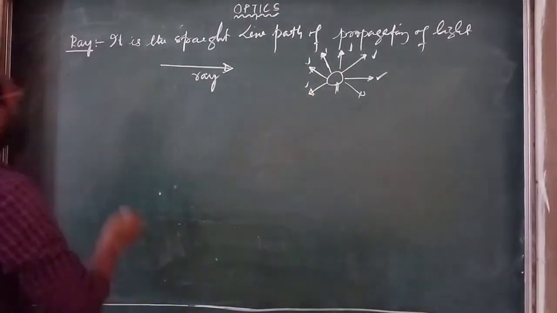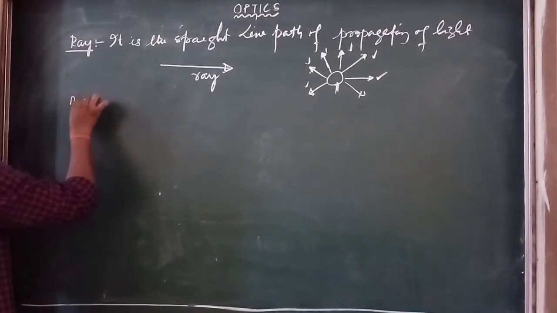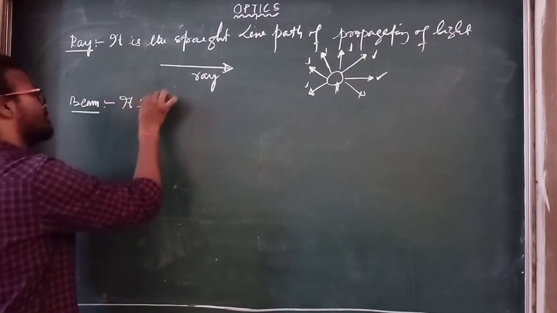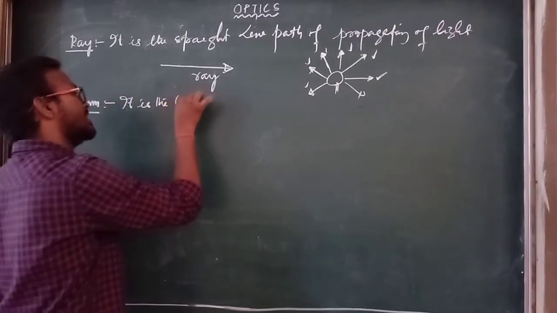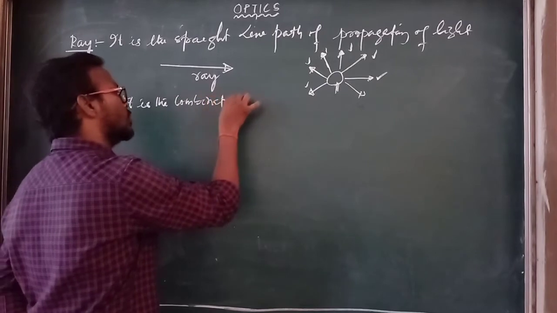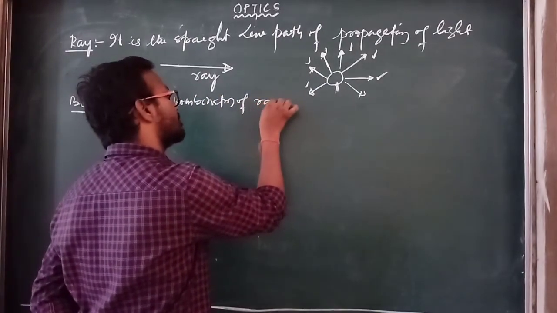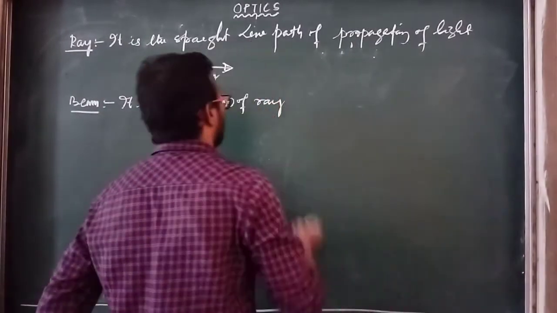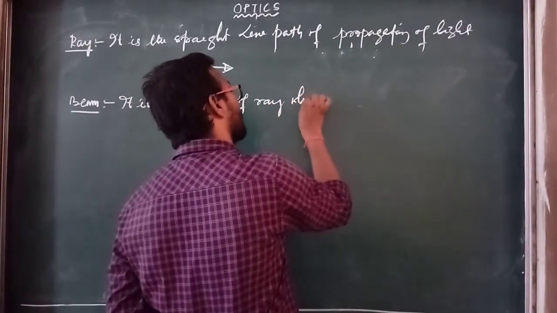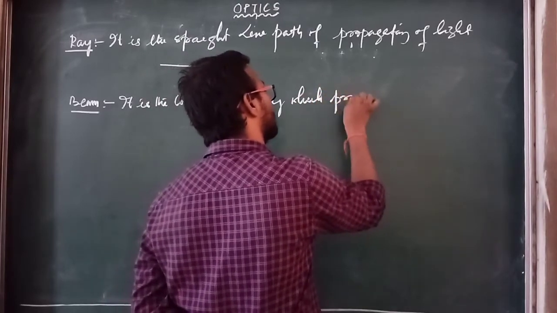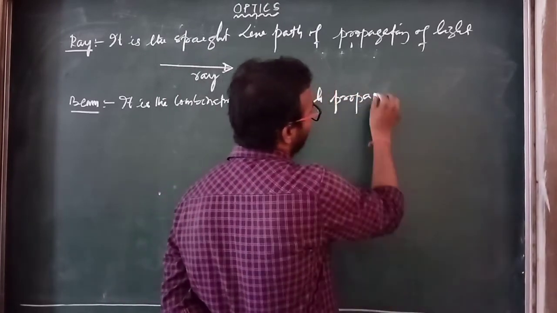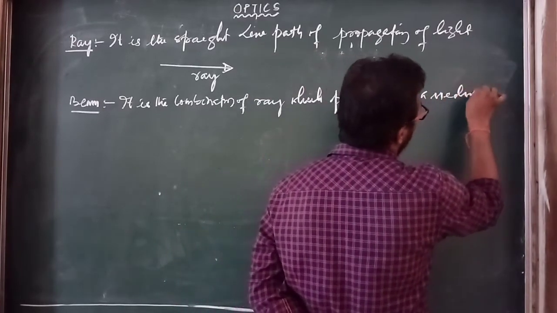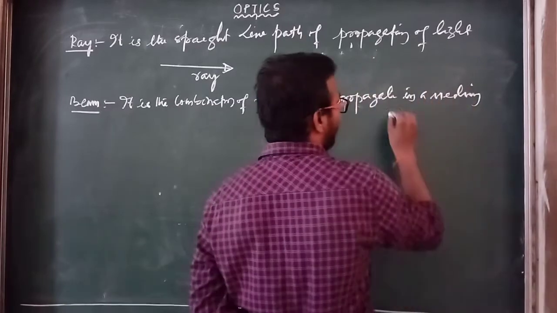Clear? Next we will come across the beam. A beam is a combination of rays which propagate in a medium in a straight line direction.